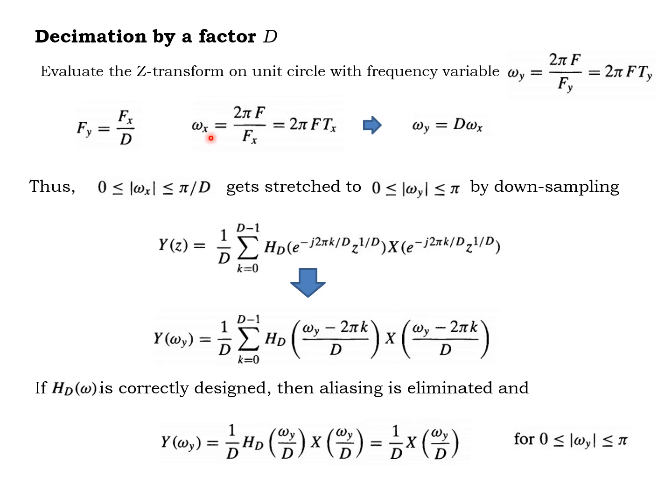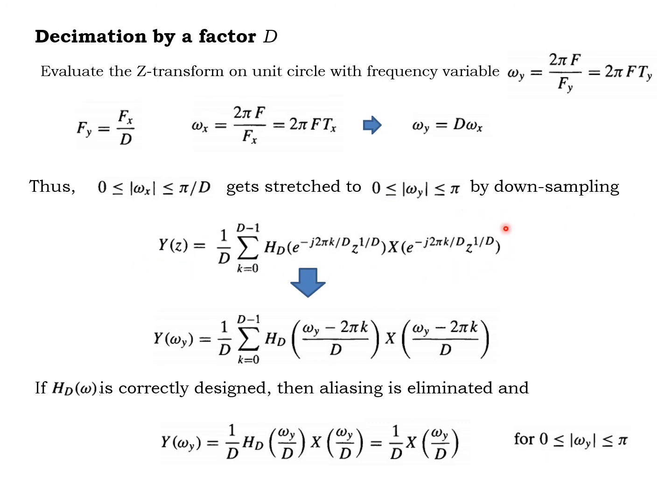So omega x is equal to 2 pi f divided by fx, which can be rewritten like this. So from these two expressions we can rewrite omega y is equal to d into omega x. So at the input, the angular frequency of the signal is varying from 0 to pi divided by d. It is now getting stretched to 0 less than or equal to omega y less than or equal to pi by downsampling, right?